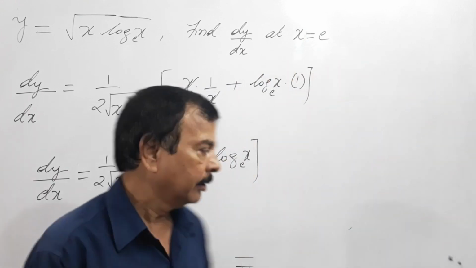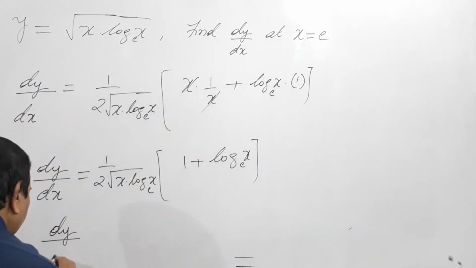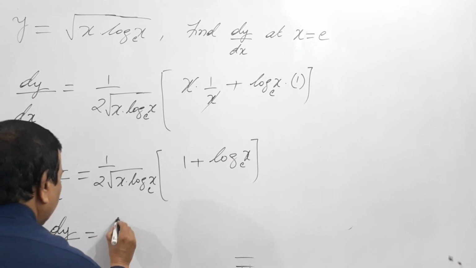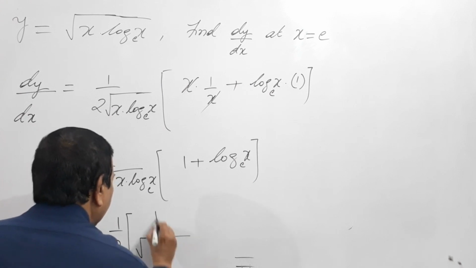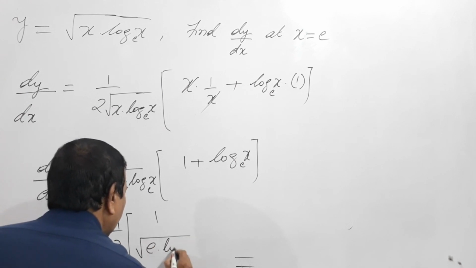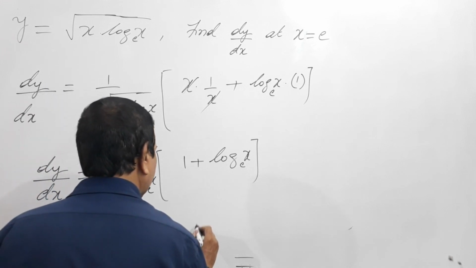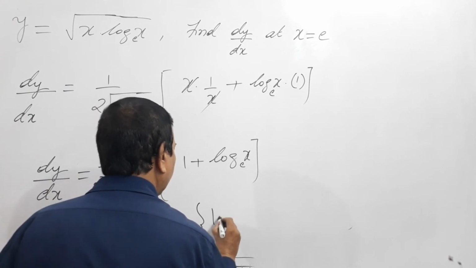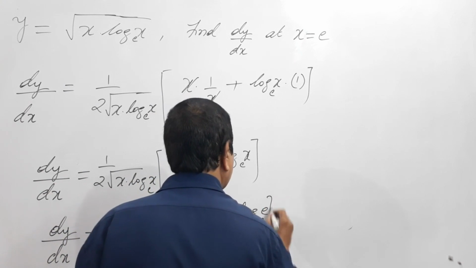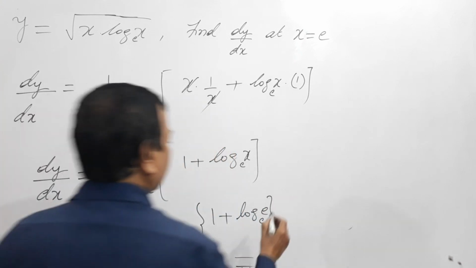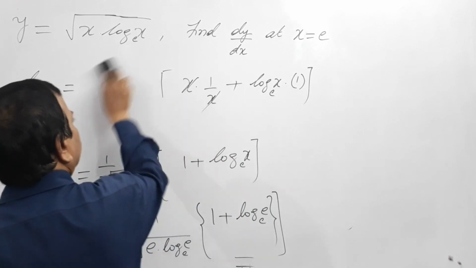So dy by dx equals half, as it is, within the brackets, this is 1 by e into log e to base c into 1 plus log e to base c. Okay, and close the square bracket.